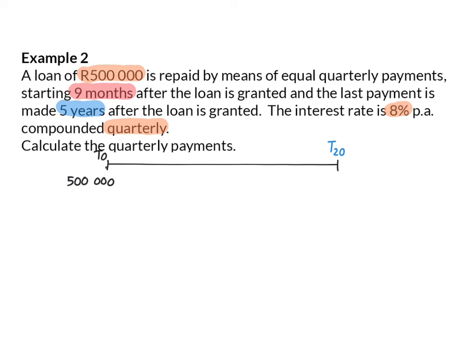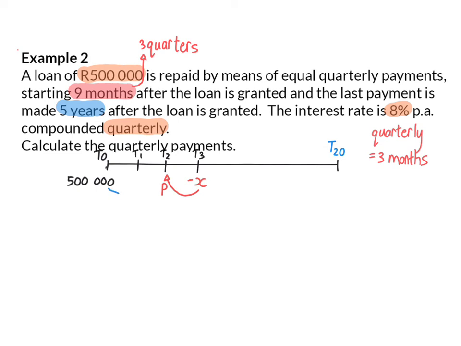Here it is important to remember that quarterly means every 3 months. The given 9 months then means that the first payment is made 3 quarters after the loan has been granted. Because the first payment is only made after 3 quarters, our present value formula only starts working at the end of the second quarter.